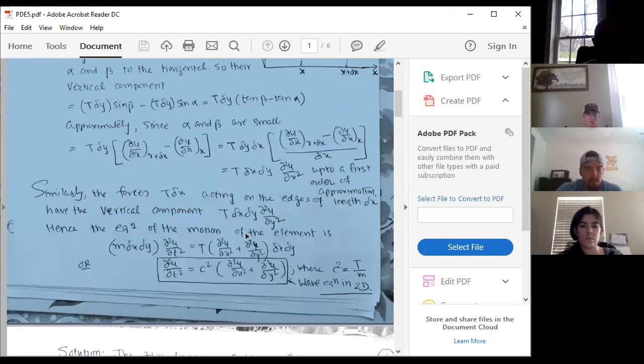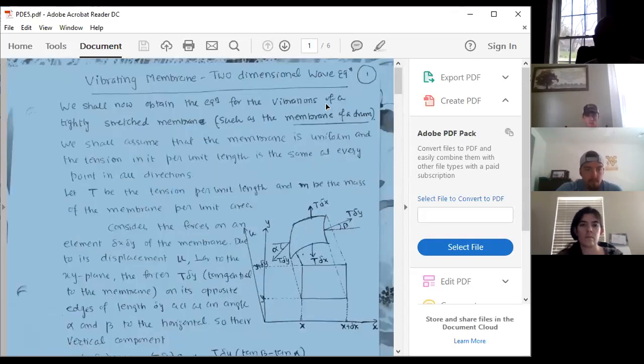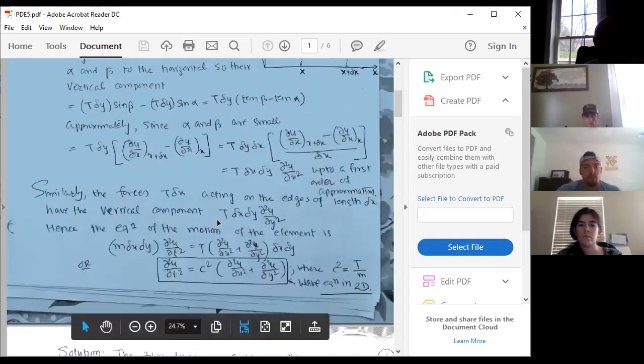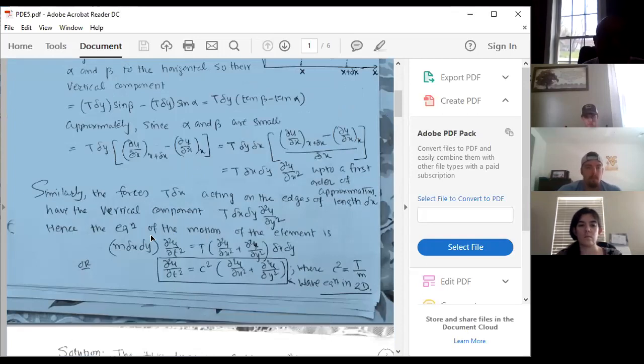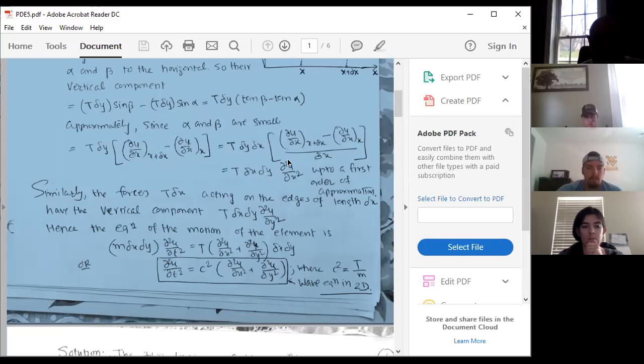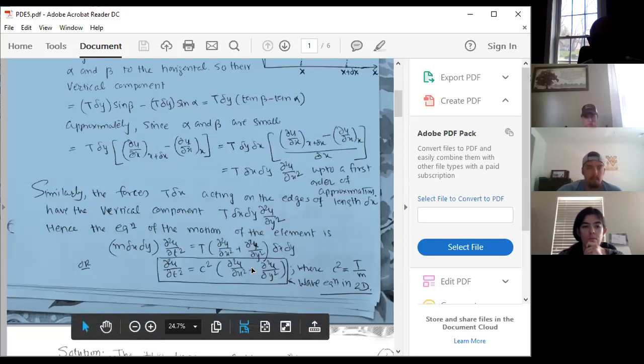Because now both of them are working over here simultaneously, you have to add them. If you add them, look here, the equation of motion for the element is given by mass into acceleration: mass delta x delta y del square u by del t square, and that is equal to T delta x delta y times del square u by del x square plus del square u by del y square, right?